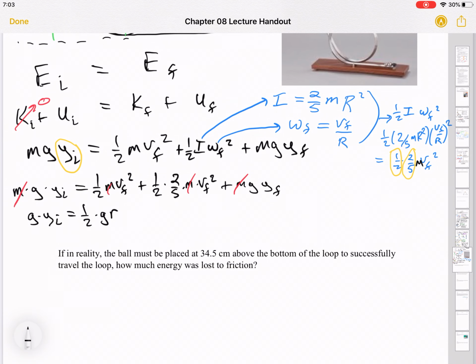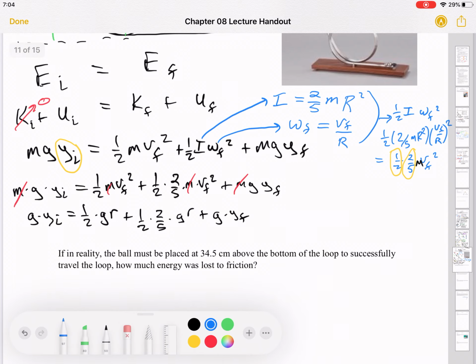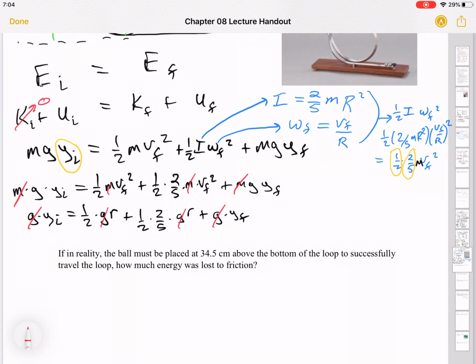So G times Y initial equals half GR. Again, V squared is GR, so that's good. Half 2/5 V squared again, so that's another GR, plus G times Y final. Now look, I can divide out G. Look at that.